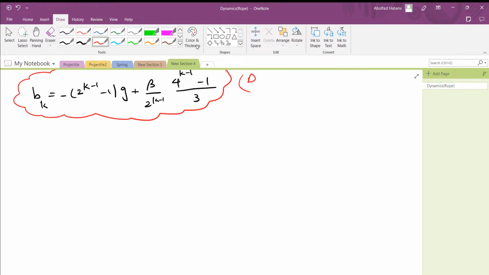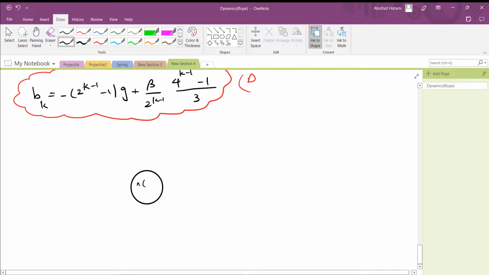In fact, let me write the picture of the last system. Here is the nth pulley, which is attached to the nth block and also to the n plus 1th block.